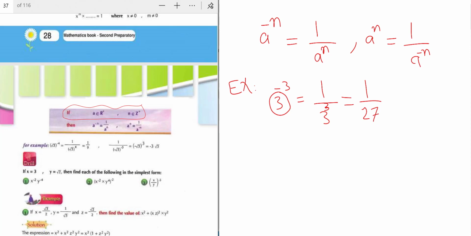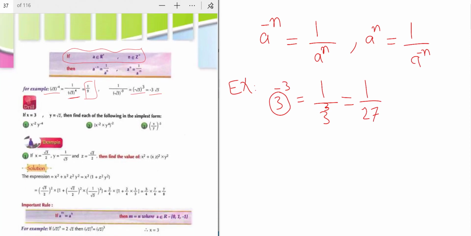For example, root 3 all power negative 4 equals 1 over root 3 power 4, so it becomes 1 over 9. 1 over root 3 all power negative 3 becomes root 3 all power 3. It becomes 3 root 3.